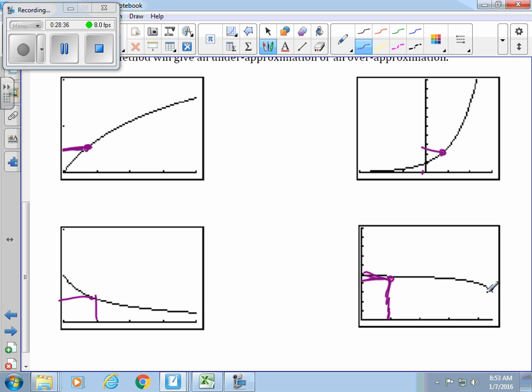Everyone agree that's the case. So let's make a conclusion about right rectangle approximations. When is a right rectangle approximation an over approximation? And when is it an under approximation? Good. When it's increasing, it's an over approximation, and when it's decreasing, it's an under approximation. Right? So write that in your notes. RAM is an over approximation if I'm increasing, under approximation if I'm decreasing.